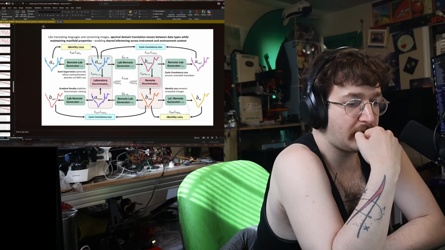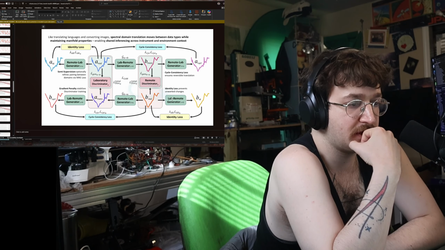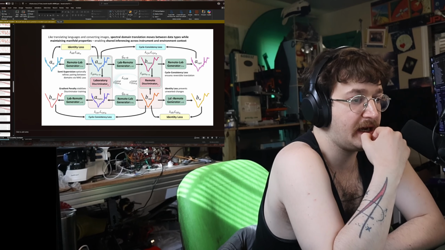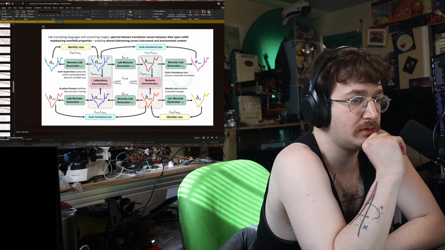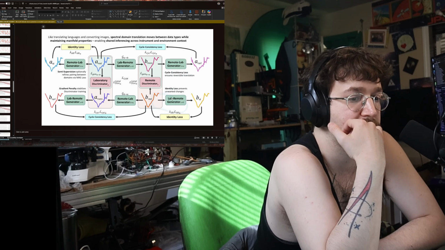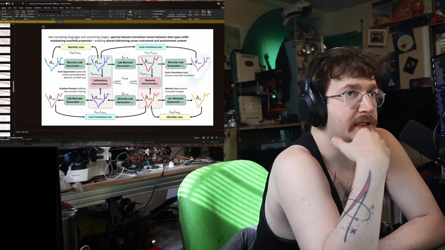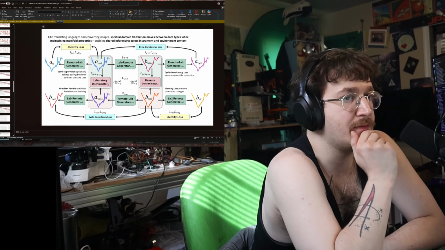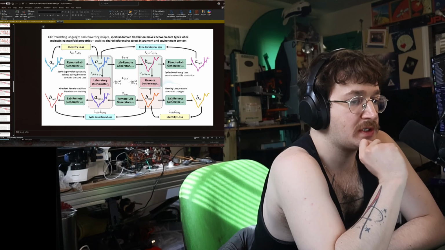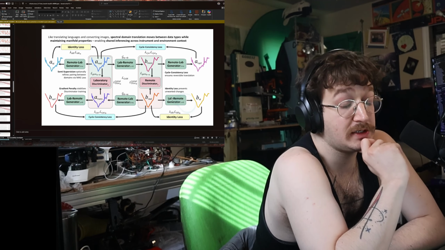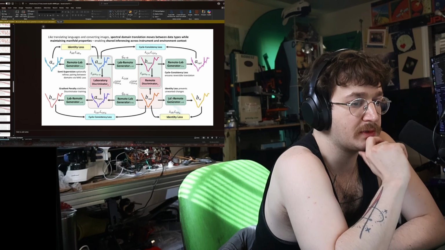I didn't have this problem last time, I think partially because I set it up incorrectly and I had my identity loss essentially be the same as the cycle consistency loss, just in the opposite direction. So you essentially had two not competing, but reinforcing loss functions. It wasn't representative of what we could get with CycleGAN.